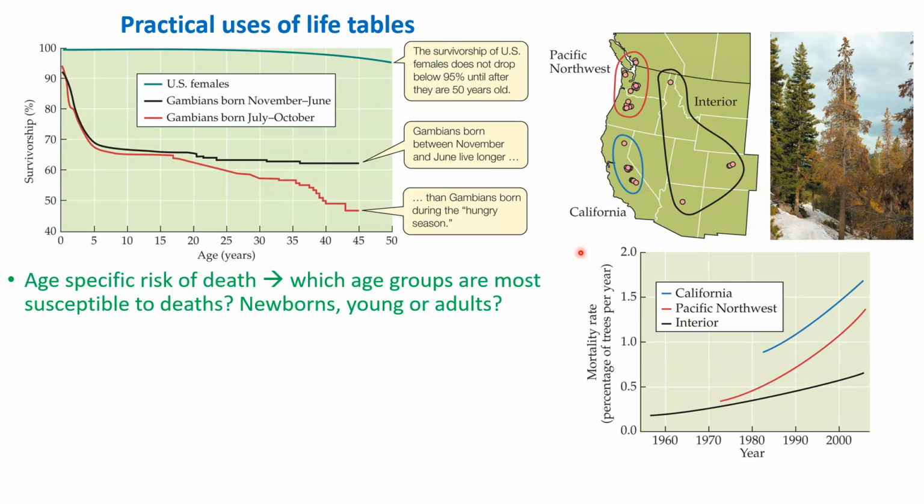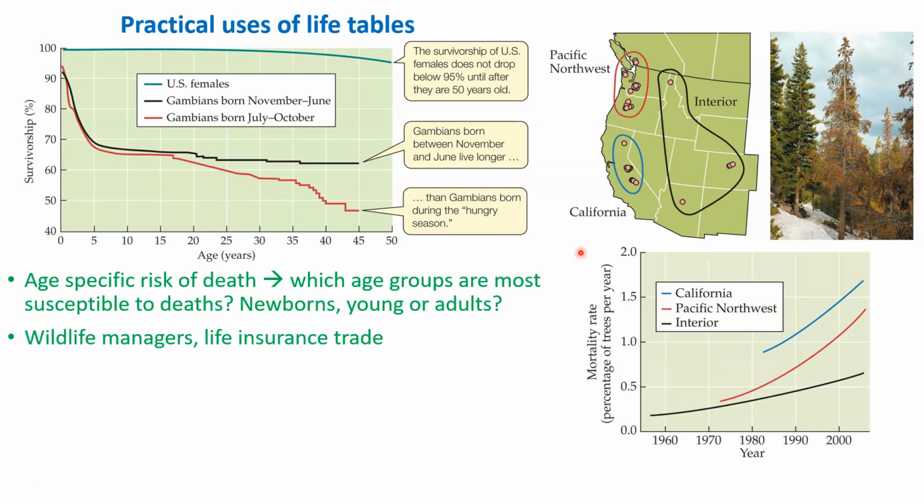So life tables, survivorship curves represent age specific mortality rate or risk of death, right? Because of that, we can actually understand which age groups in a given population are more susceptible to death, right? Is it newborns, young adults, or the adults or older individuals, right? We can actually determine that.